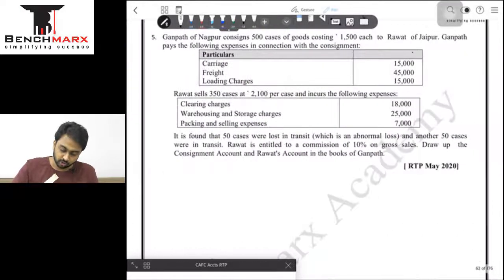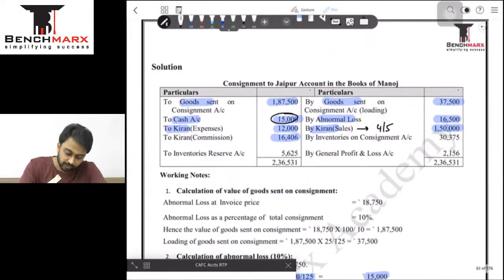Which costs should come in the valuation? Goods sent will come, cash expenses will come, and expenses on selling will not come. So 187,500 plus 15,000, the whole into 15% appears to be 30,375, and that is the value of my closing stock.